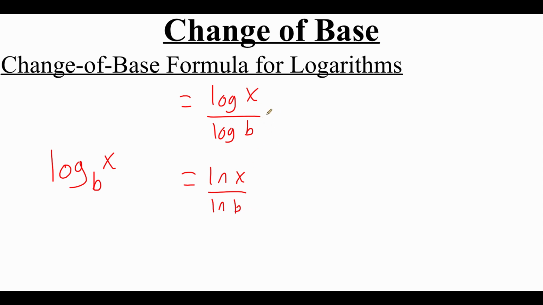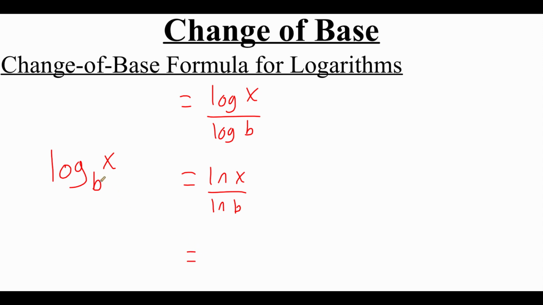Now generally we use base 10 logs or natural logs because the calculators that we're going to be working with usually have at least one of those available to us. There is actually a third option that we can use, but it's not as common because we don't always have options available to us as far as evaluating these different base logarithms.